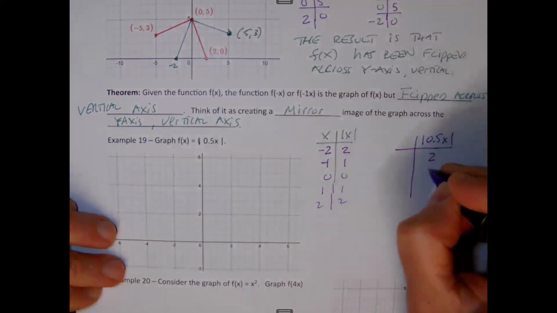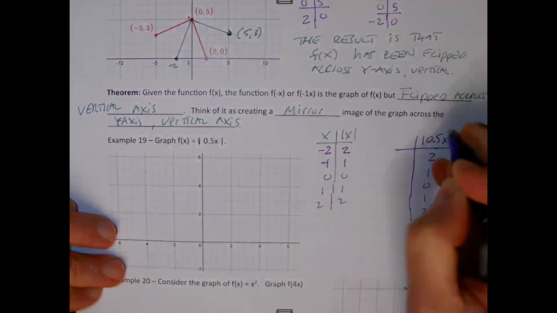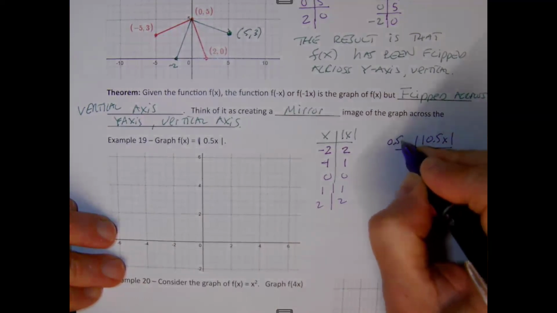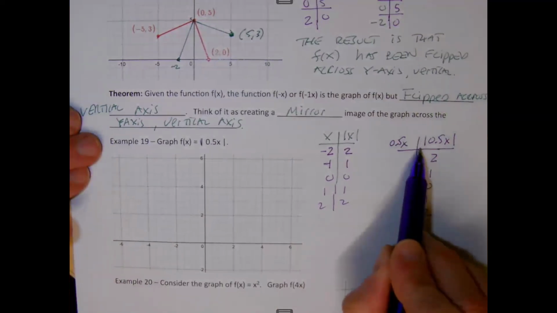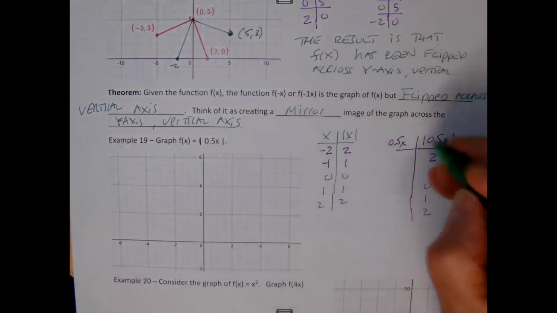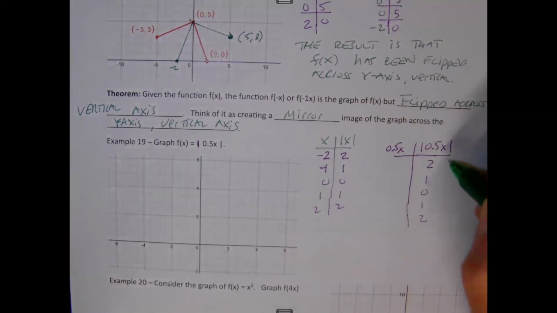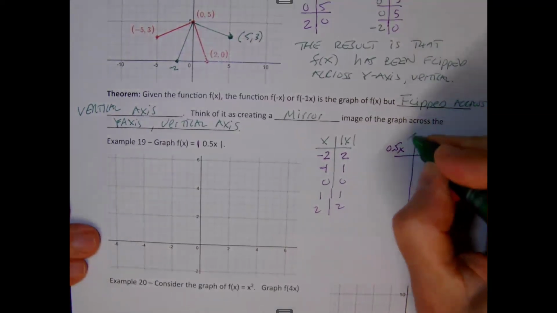The output is going to stay the same for now. That's what we're going to think about. But notice now I'm going to write just 0.5x. Okay. The function is the absolute value of 0.5x. But what's the result of multiplying my input variable by 0.5 before I take the absolute value?